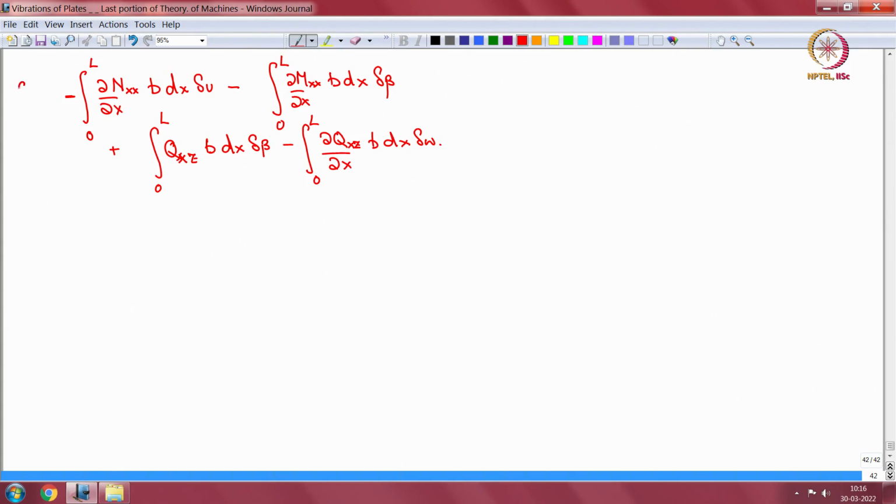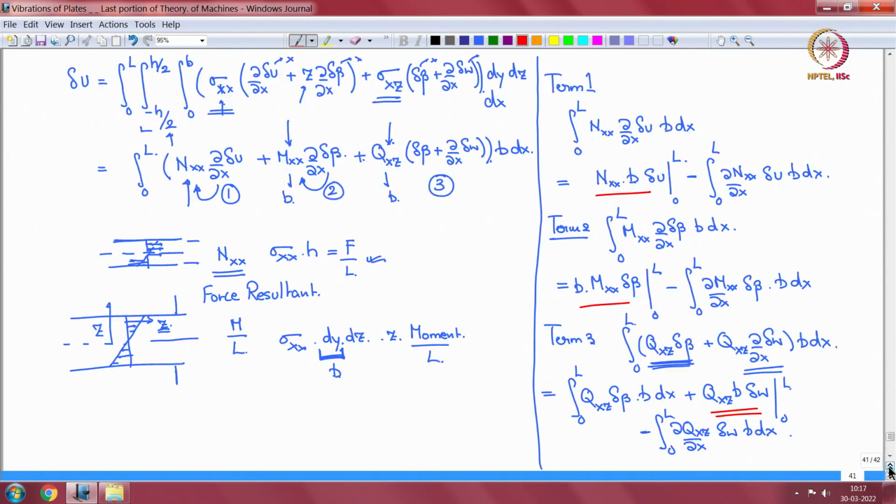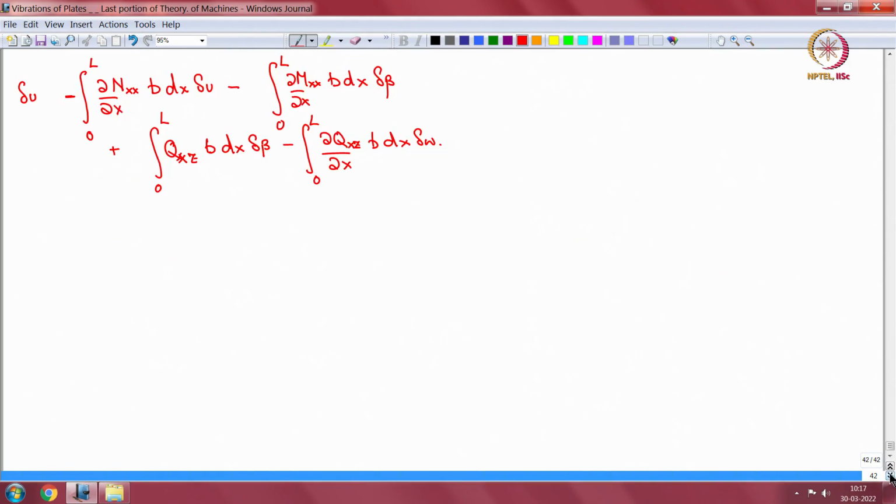This is the delta u term. Now there will be a time integral on that, delta u dt. That's one part.